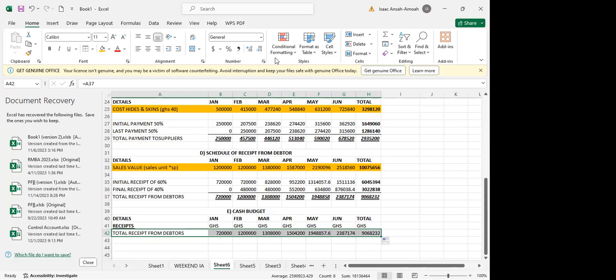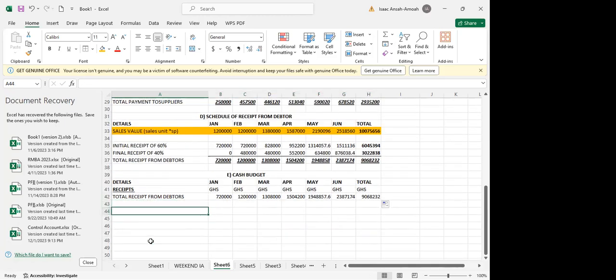Any other receipts, we bring it here. Then, because we don't have any other receipts, now we can think about the payments that we've done so far. So payments. What payment element do you remember?